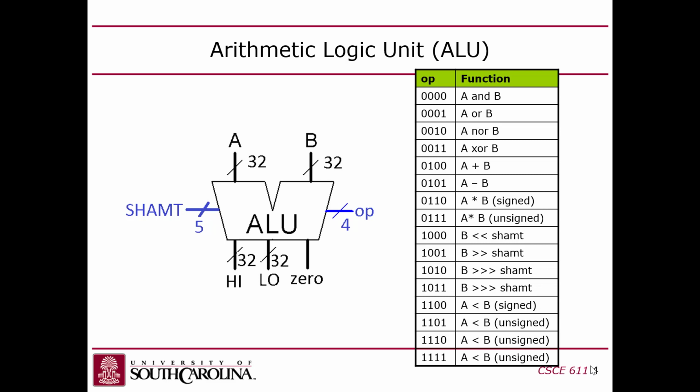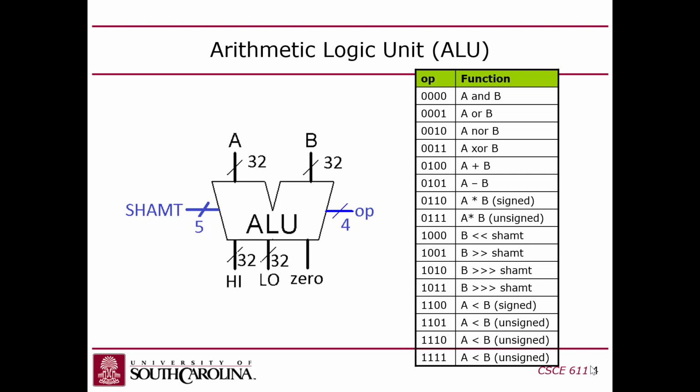Of course, add and subtract is nice and easy. Multiply unsigned. I didn't actually know this until I implemented it, but when you add or subtract, the result you get makes no difference if it's signed or unsigned.